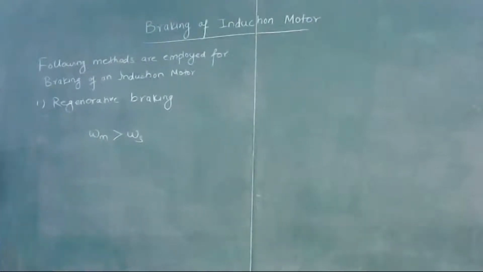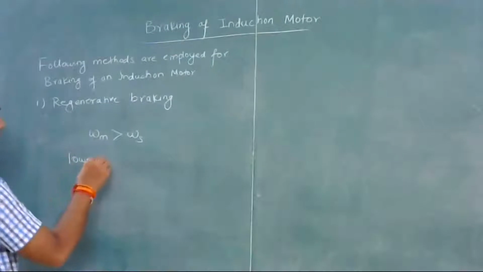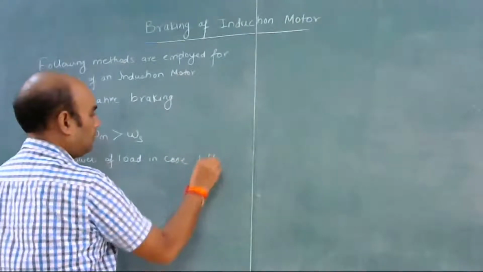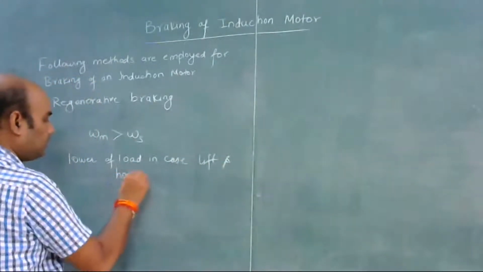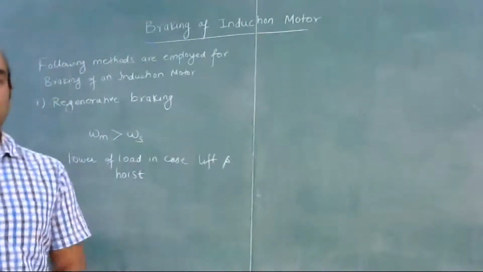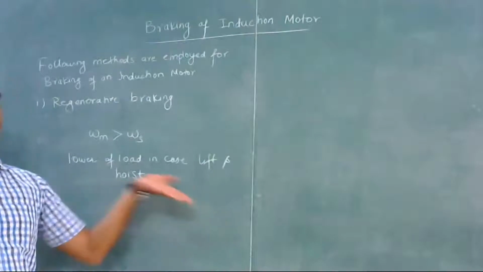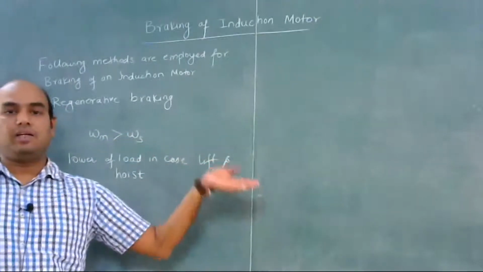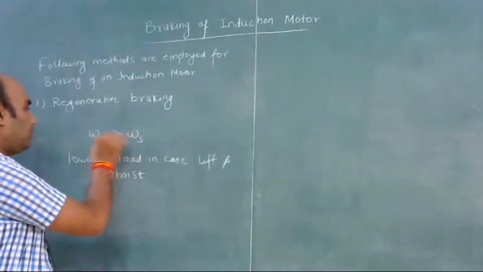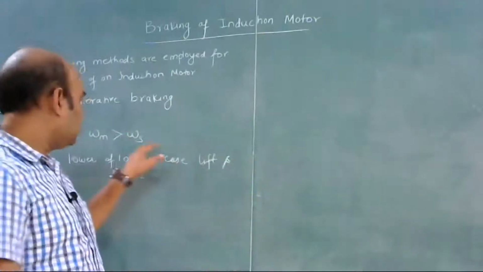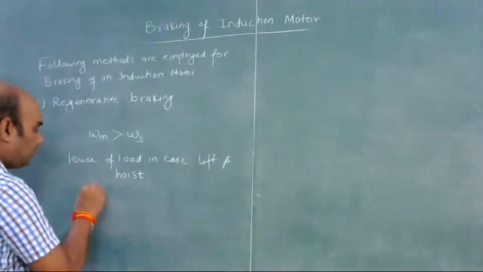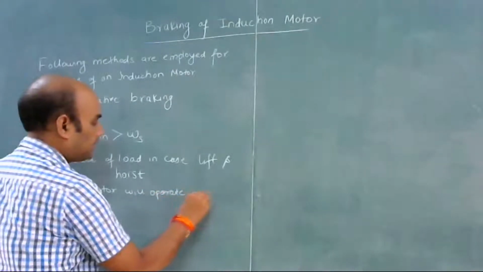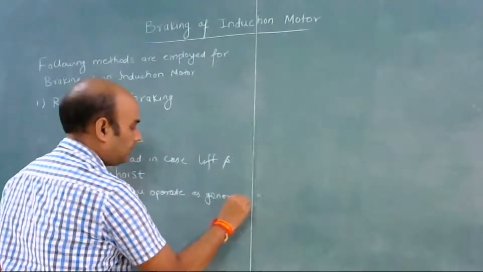For example, lowering of load in a lift and hoist: the speed of the motor becomes greater than synchronous speed because it is under gravity, and the motor operates as a generator.